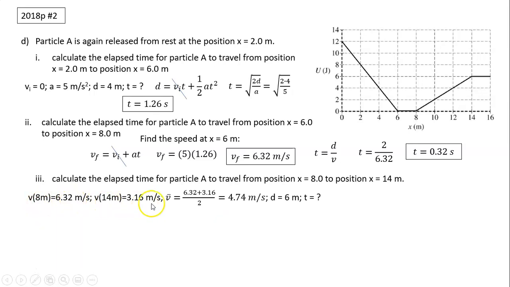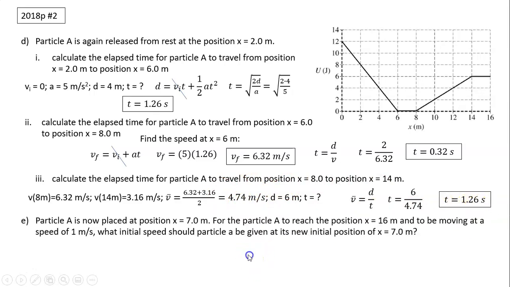Final speed is 3.16. Average speed is initial plus final divided by 2, which is 4.74 meters per second. The distance is 6 meters, which is 14 minus 8. So what's the total time? t equals d divided by v. d is 6 and average speed is 4.74. So the time is 1.26 seconds.